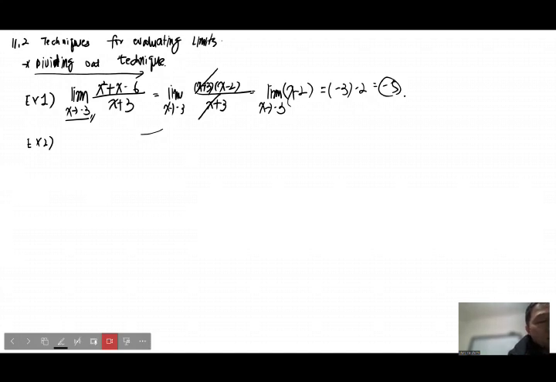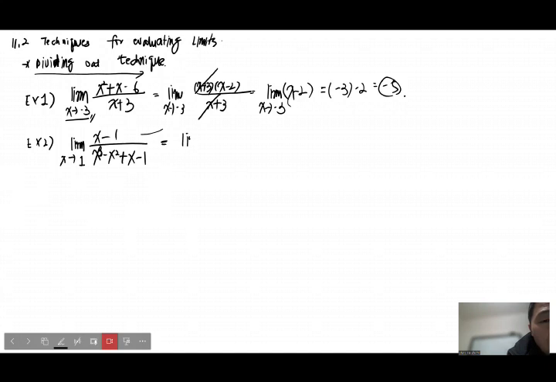Number 2 is to find the value of the function f(x), which is x minus 1 over x cubed minus x squared plus x minus 1, as x goes to 1. So we have to factor the function, numerator and denominator.